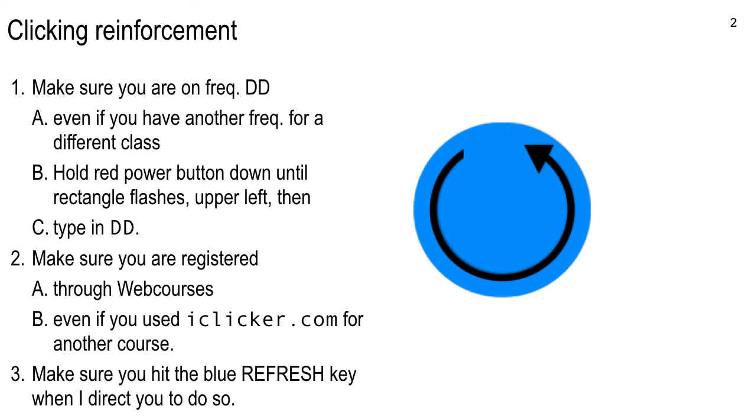The reason you have to hit the refresh key is if I go from multiple choice to numeric input, like I'm asking you to type in 2.7, and the previous question was A, B, C, D, and E, where you just hit the number, you have to change modes of your clicker, so your clicker has to answer differently. You tell it to do that by hitting the refresh key. All right.